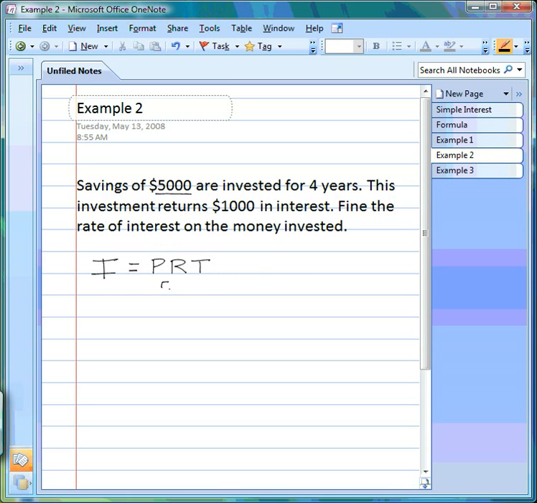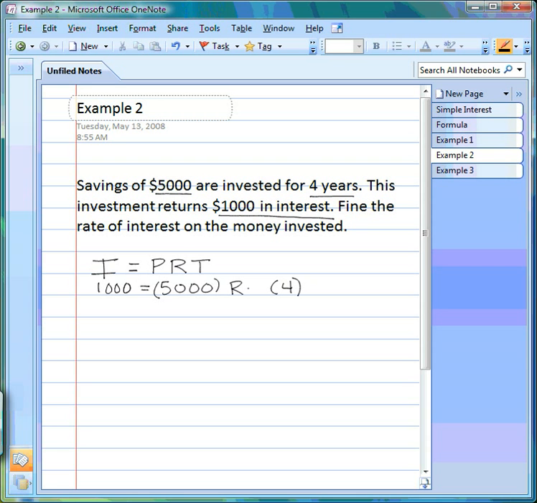That would be your principal. 4 years is your time. This investment returns $1,000 in interest. It tells us right there $1,000 in interest. So our 1,000 is going to go on the other side of the equal sign. Find the rate of interest. So that leaves us with our letter R that we need to solve for.